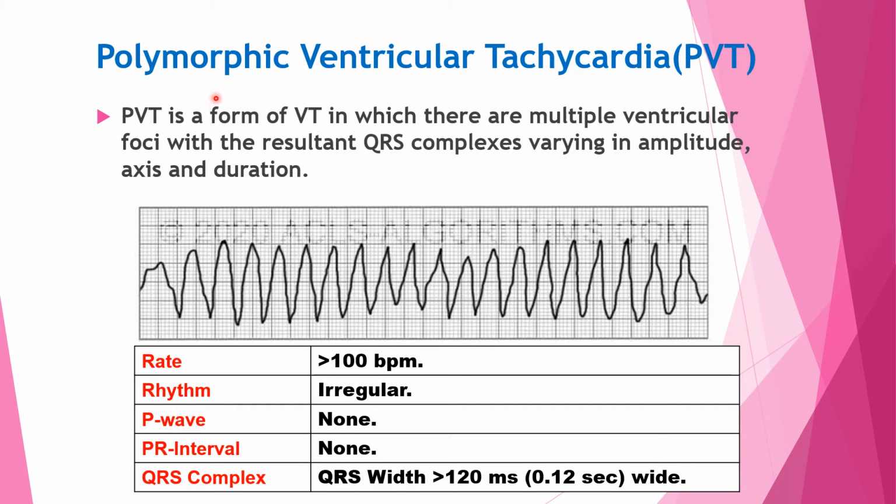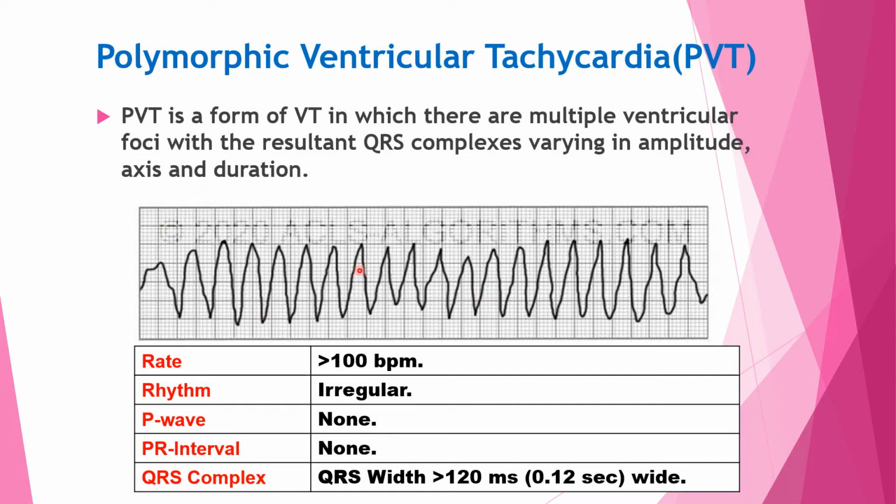What about polymorphic ventricular tachycardia? Polymorphic ventricular tachycardia is a form of VTAC in which there are multiple ventricular foci with the resultant QRS complexes varying in amplitude, axis, and duration.